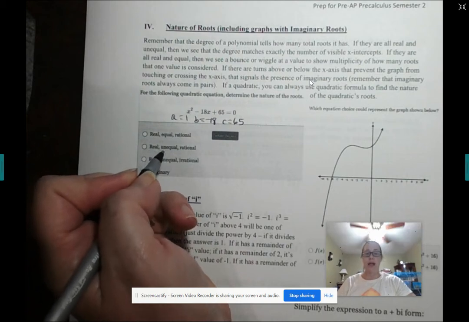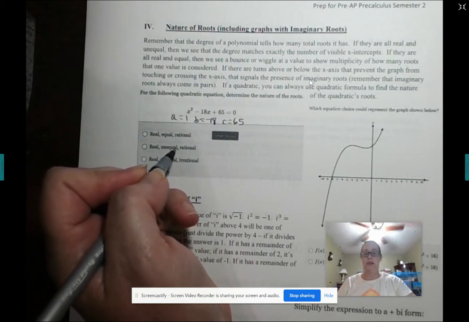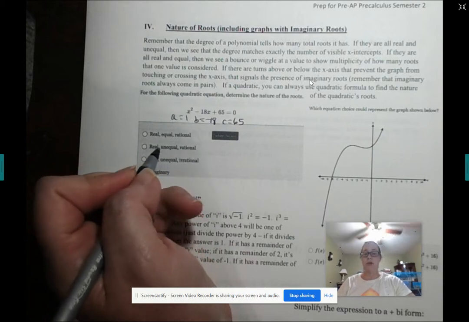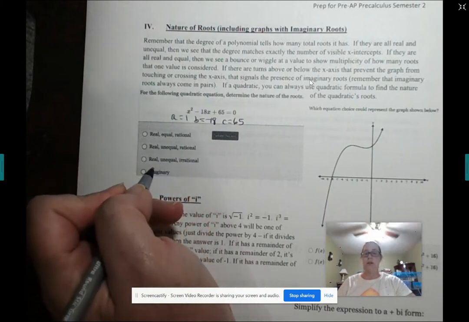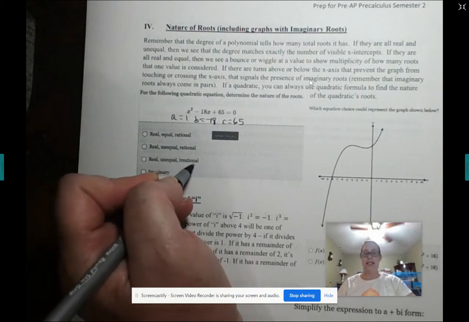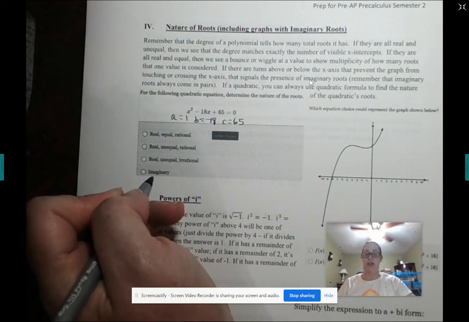If they're real and unequal, you're going to see them in two different places. If they're numbers that are reasonable, then we would choose this. If there's two places where they cross and they're unequal and they have decimals that go on and on forever and ever, we're going to choose this. And if we don't see it cross the x-axis at all, we can choose this.